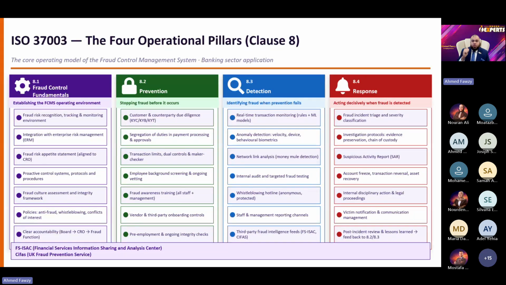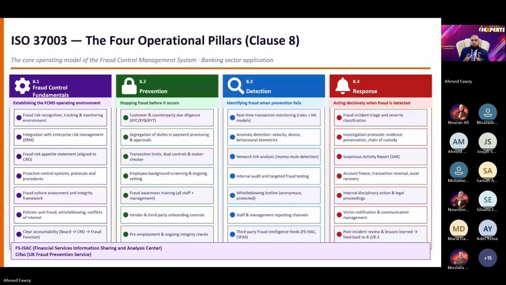And it must be anonymous, must be protected, because maybe I noticed fraud, but if I reported this fraud, it will be the end of my employment, the end of my relationship with a specific company, or the end of my relationship with my customer, or something like that.